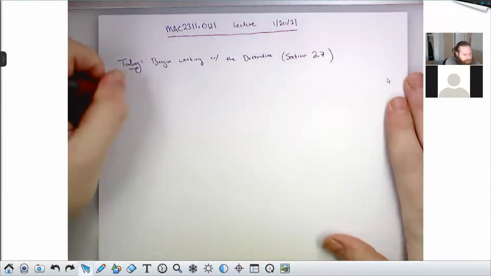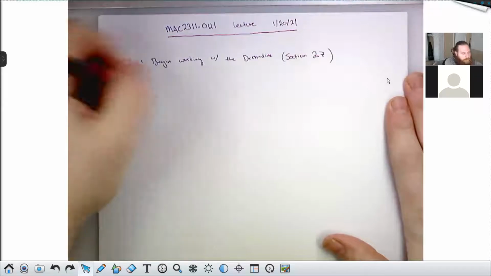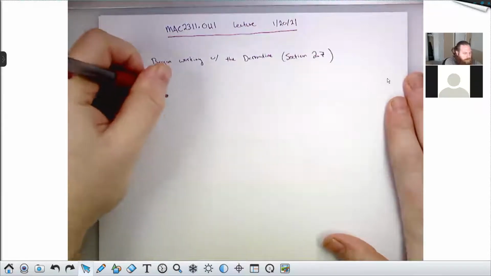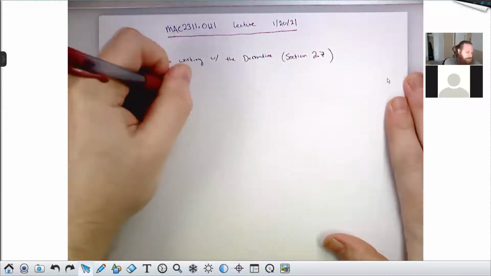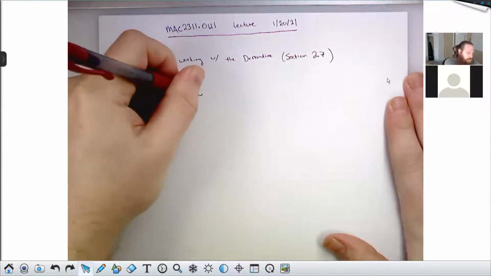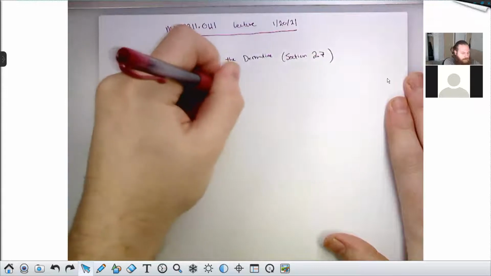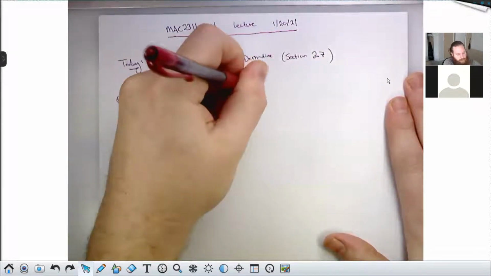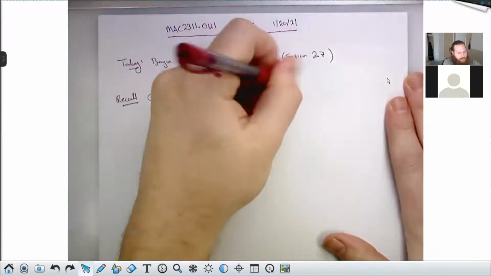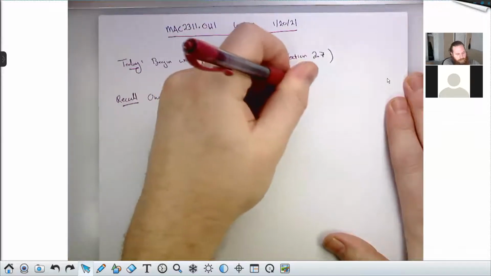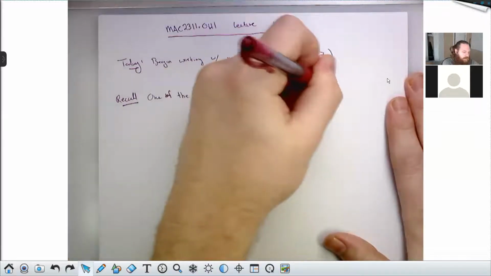Recall that one of the two big problems in calculus is finding tangent lines.